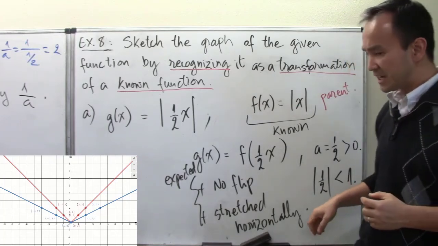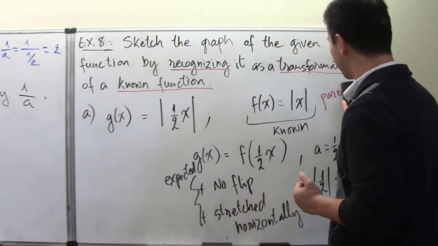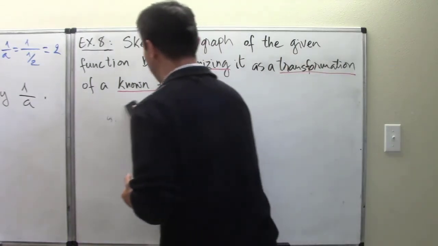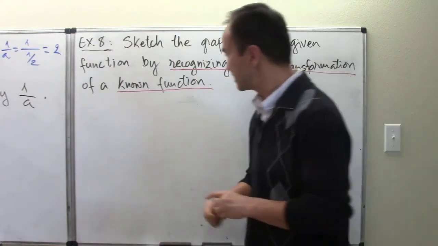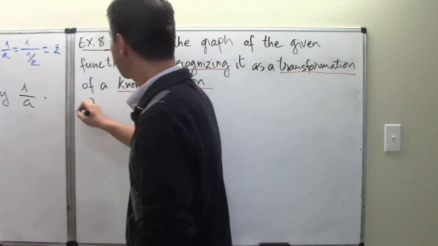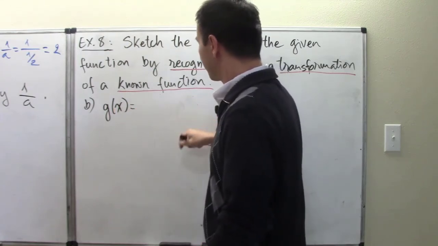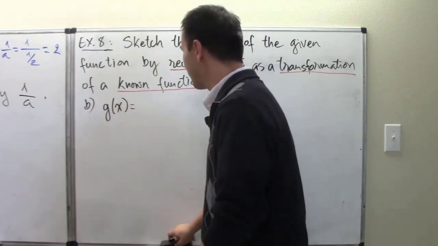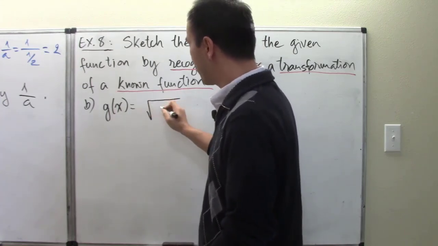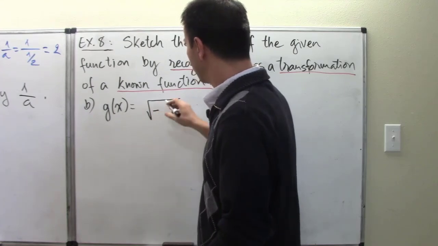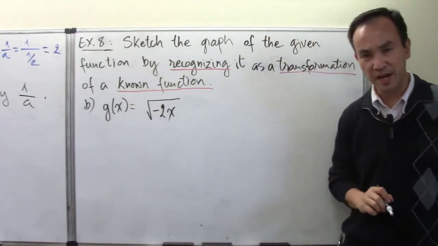Okay, let's now look at another one. So now for part B of the example, how about g of x equals square root of minus 2x?